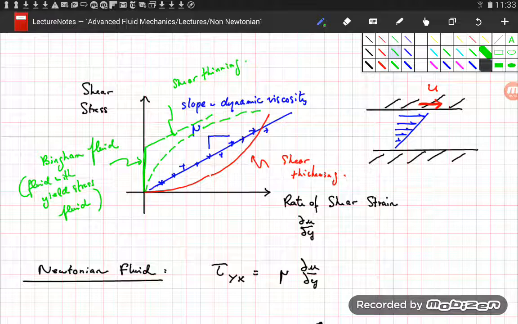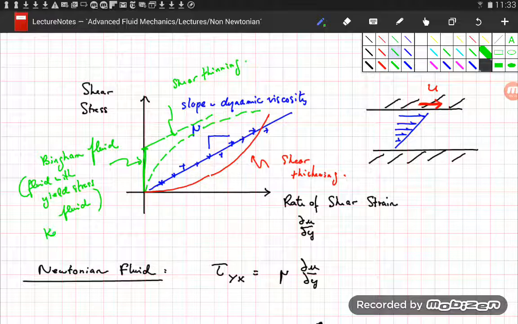And what you have is indeed, if you want the fluid to flow, so if you want to have a non-zero rate of shear strain, you need to impose a certain amount of shear stress, otherwise it doesn't flow. And then if you apply more shear stress, then all of a sudden it starts to flow. So this is a very shear thinning behavior.